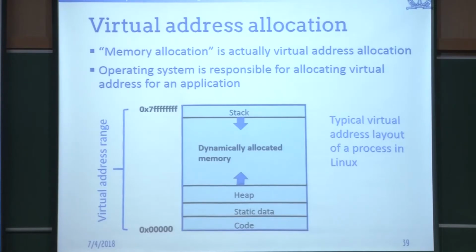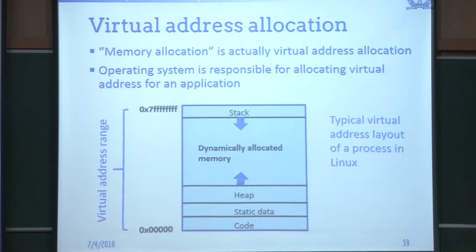One of the first things it does is lay out its virtual address space. Laying out means deciding what regions the virtual address space has. This is a pretty big virtual address space. Remember, we talked about 48 bits. Actually 47 bits are used for the application, but still it is pretty big, 128 terabytes. So you have, from 0 to whatever the 128 terabyte number is, a linear virtual address space for each process. And how you lay it out, how it looks.